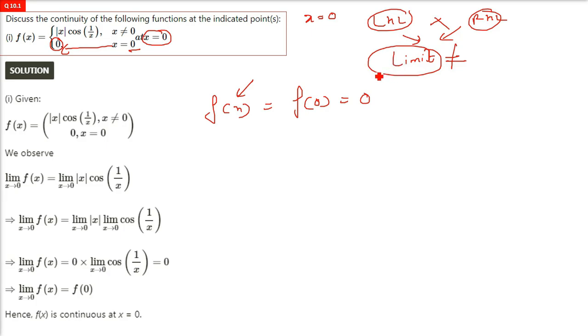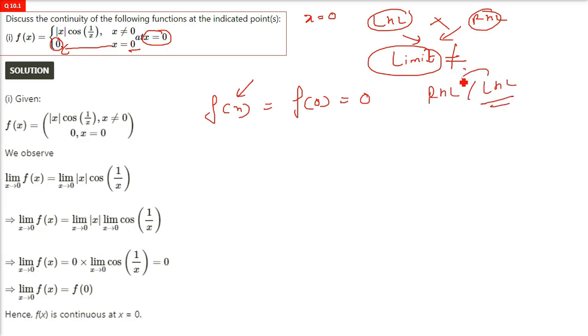Because we have a modulus of x already here. So modulus of x, and since the indicated point is 0, modulus of 0 will always be 0. There is no negative 0. So 0 into something is always 0. So we can easily find the limit rather than going to LHL and RHL.